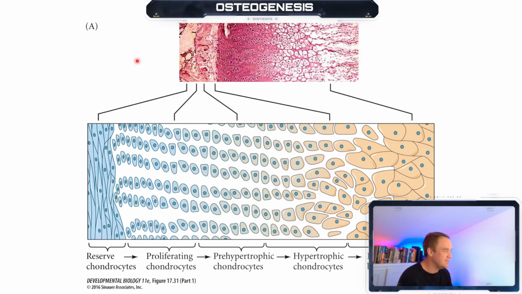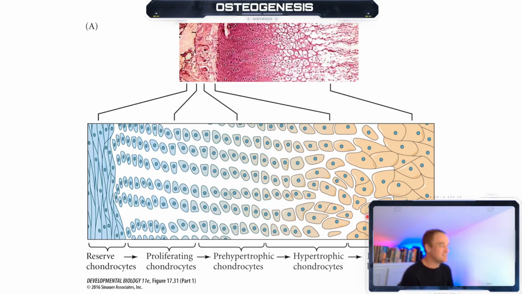So the cartilage is stained with Alcian blue, and the bone is stained with alizarin red. And they also tried to kind of mirror it in this diagram here with blue and peach. I don't know why they did that. Anyways, so the cartilage is stained blue and the bone is stained red or peach.